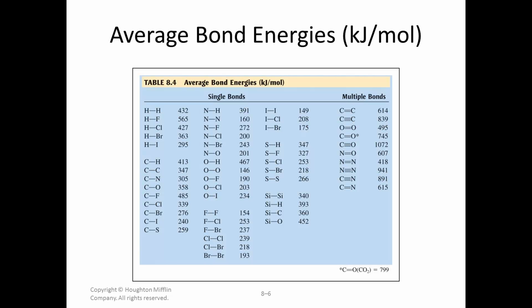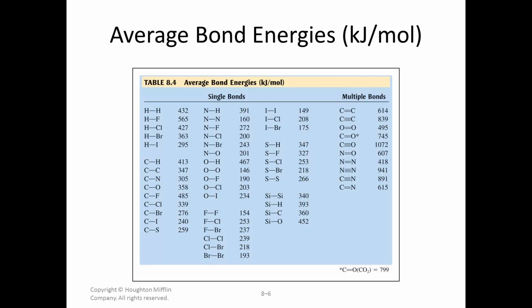Notice that we see an increase in bond energy for multiple bonds. If we compare a carbon-carbon single bond, it has a bond energy of 347 kilojoules per mole, to a carbon-carbon double bond, we have 614 kilojoules per mole, almost double.